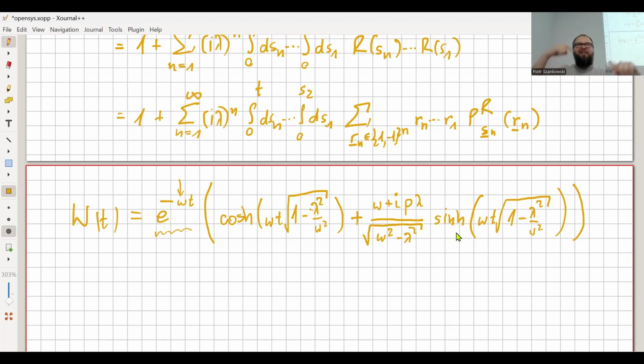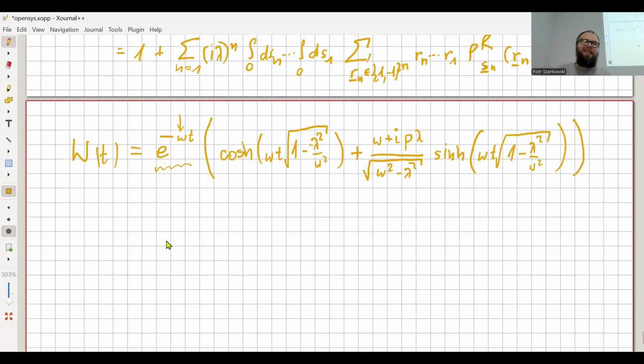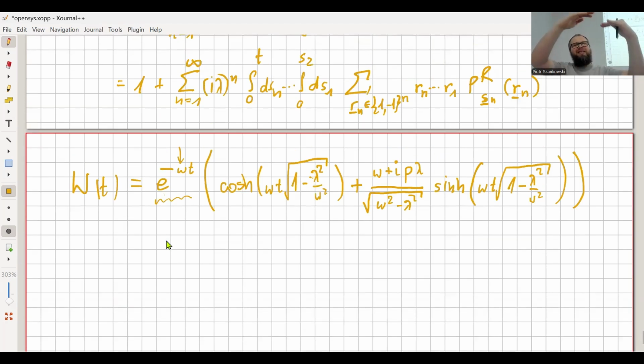So you get this oscillatory behavior instead, still damped by exponential decay. So there is maybe a phase transition, let's say, for random telegraph noise here: depending on the ratio between the rate of switching and the coupling strength, you get either oscillatory behavior or this other behavior without oscillations.